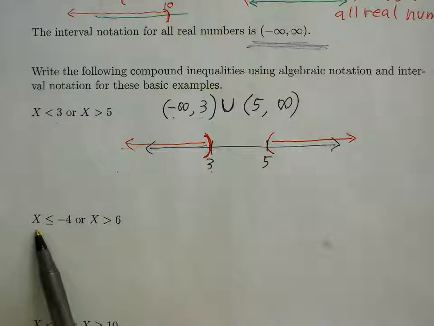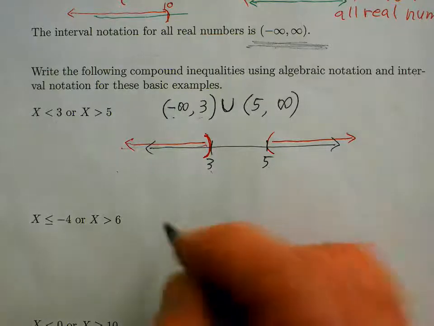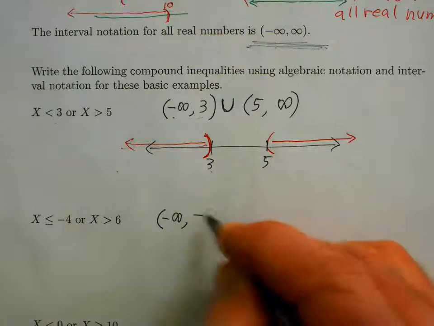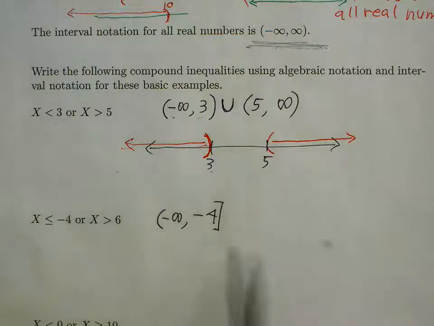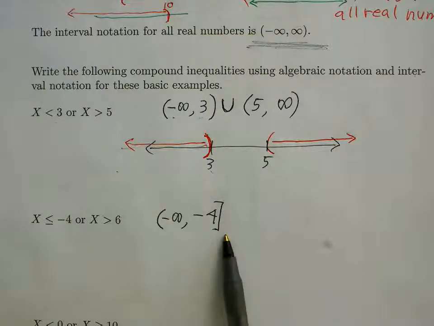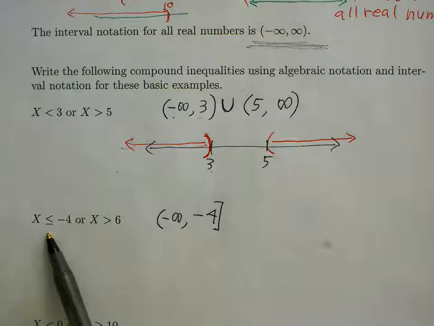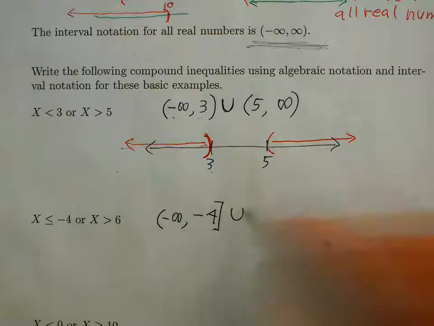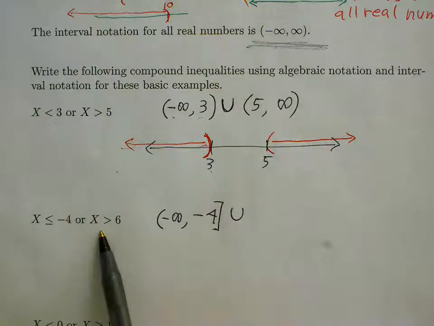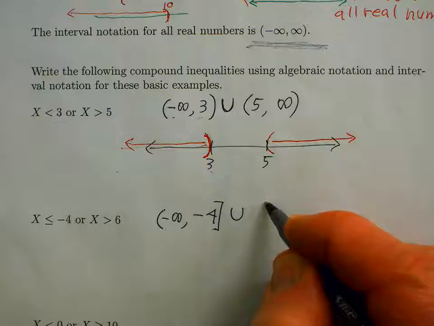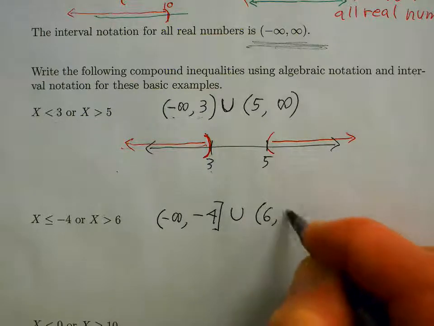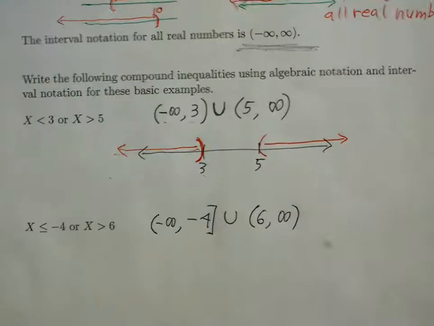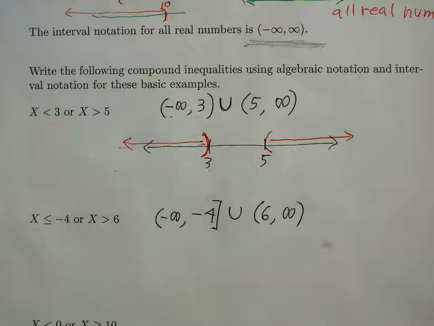If x is less than or equal to negative 4, we write parenthesis negative infinity, comma negative 4 bracket. The bracket indicates, that's what goes with the or equal to part. We're using the word or, so we have a union symbol, and then x greater than 6, parenthesis 6, comma infinity. So that is the interval notation.